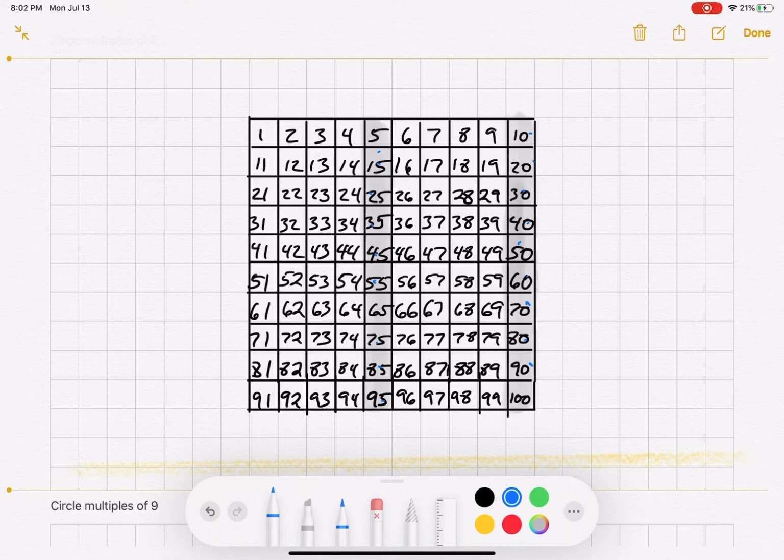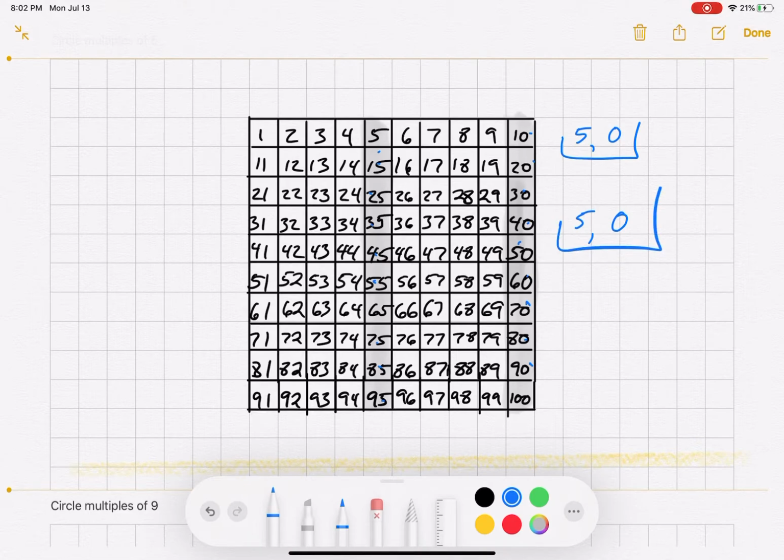So what patterns do you see here? Hopefully you'll notice that all the numbers end in 5 and 0. So can you tell without multiplying if a number is a multiple of 5? Yes, absolutely. Same thing. You're going to end in a 5 or a 0.